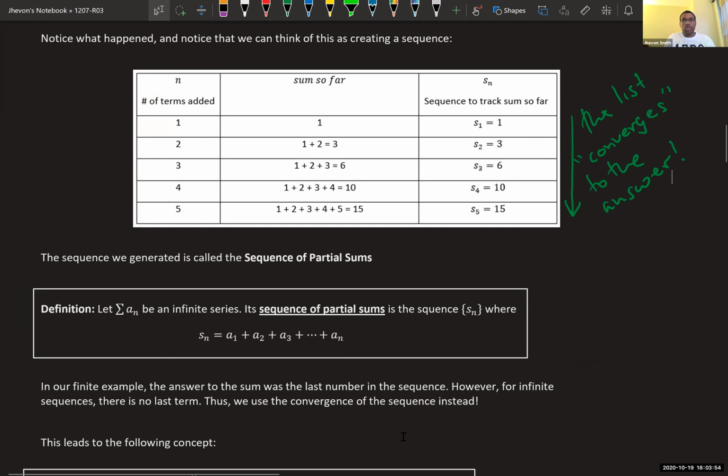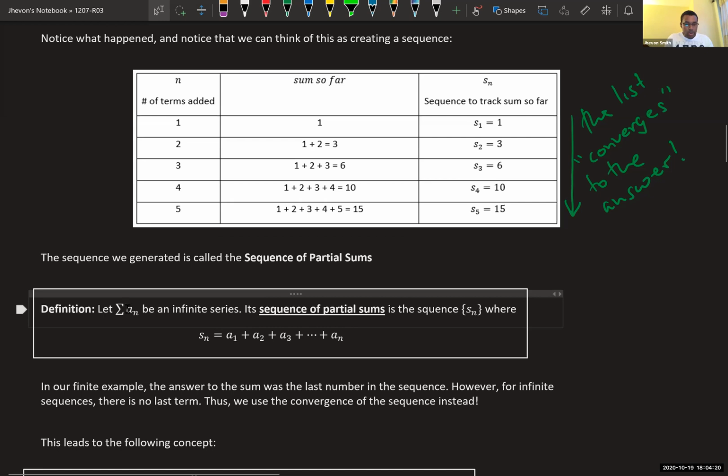This is basically a sequence that describes the sum so far, where each term Sn describes the sum of the first n terms. And we're just going to track the trajectory of that sequence. Essentially, for finite sums, we know that it converges to the answer, so we pretty much define that to be the answer in the infinite case as well.